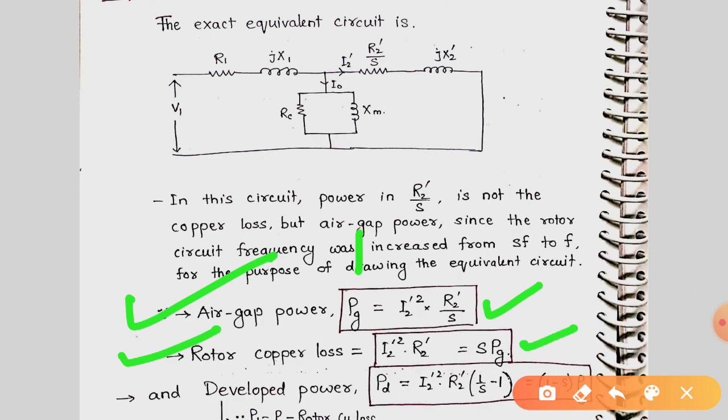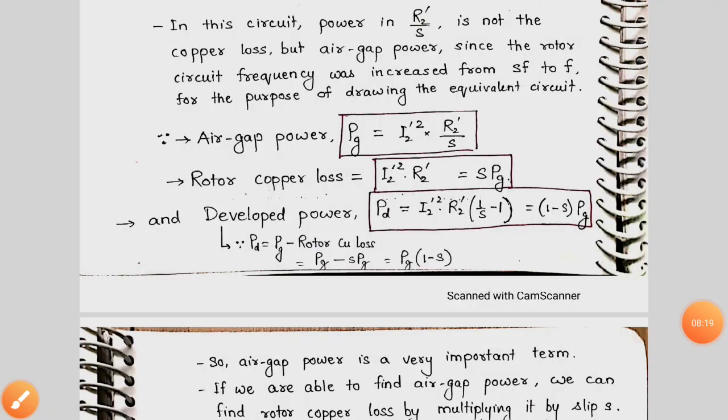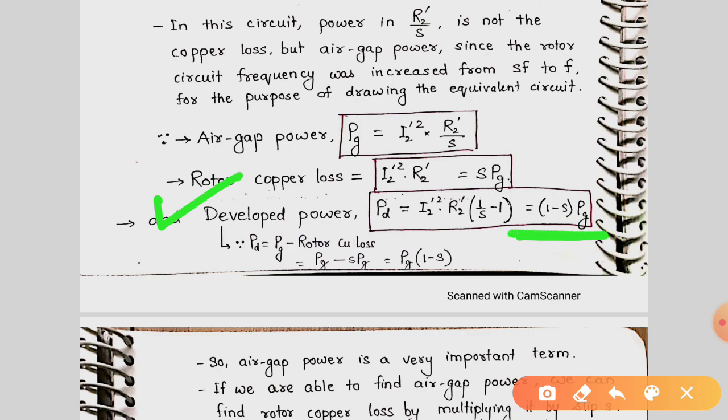So if we know the air gap power and the slip, then we can easily find the rotor copper loss by multiplying the air gap power with the slip. Similarly, we can find the developed power. Developed power is equal to I2 dash square into R2 dash (1 upon S minus 1), which is nothing but (1 minus S) times of air gap power.